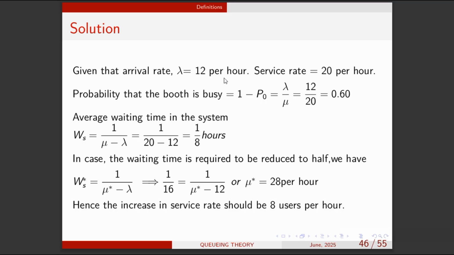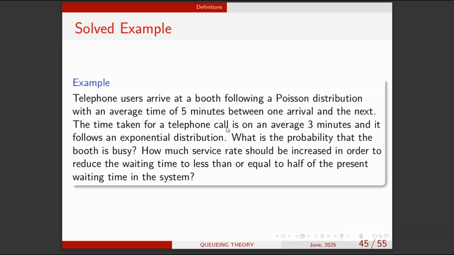Great. So let's look at the next part. The time taken for a telephone call is on average 3 minutes. That is how long you're going to stay on the call. That is the inter-service time, and it follows an exponential distribution. The average is 3 minutes, so 3 over 60 should be equal to 1 over mu.